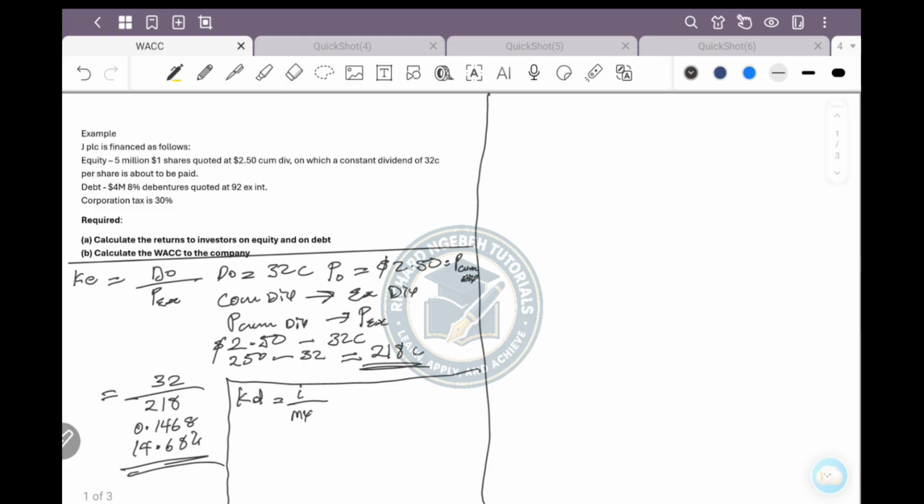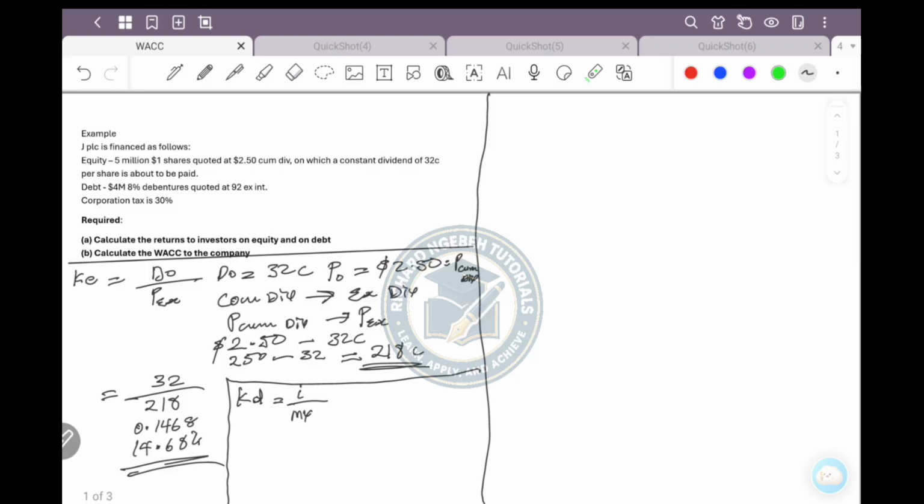This is the return that the debenture holders are requesting. Okay, so when you see 8% in the question, that's the interest, that is what your debt holders are requesting per annum.